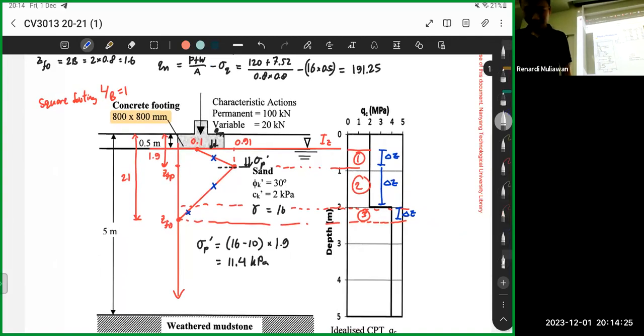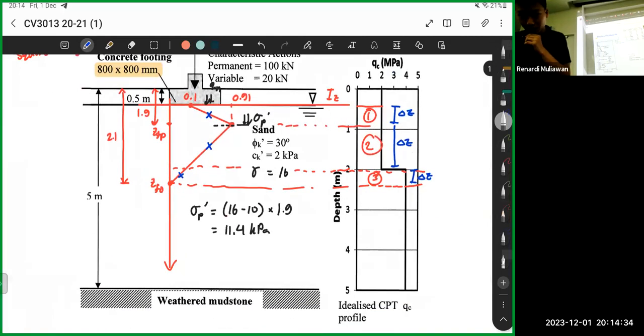Terminate at ZFO to determine layers. So the problem is, are we splitting the first layer into two or not? That's my question. I think just to be safe, just split the layers into two. It's quite fast also. It doesn't take much.